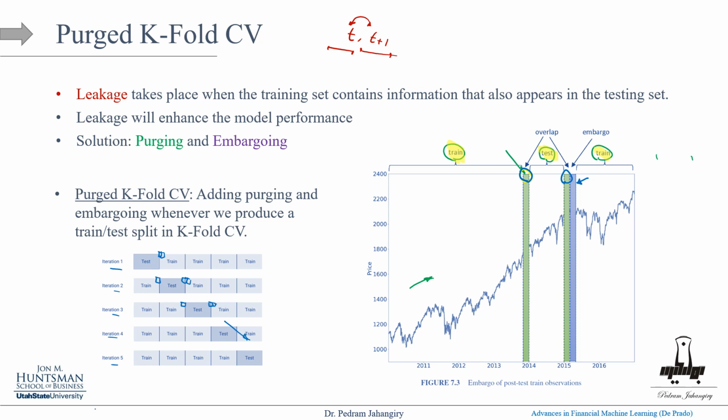And then we calculate the performance on the test set in each fold. Just like any other K-fold cross-validation, we combine these performances, for example take the average if it is, let's say, RMSE, and call it the cross-validation performance metric.